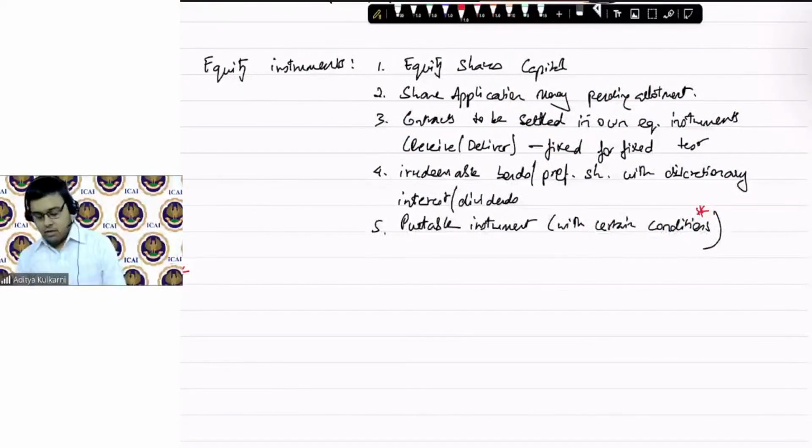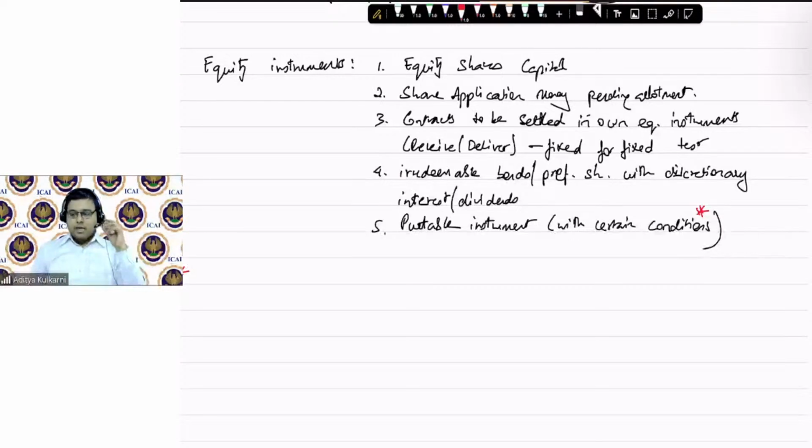All right, so let us resume. We were discussing that certain puttable instruments would also meet the definition of equity provided certain conditions are fulfilled. Ordinarily, puttable instruments meet the definition of a liability because when the holder exercises their put option, the issuer is obligated to deliver cash.